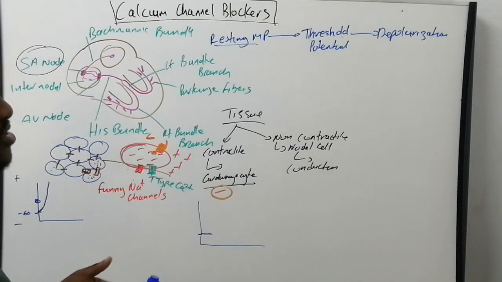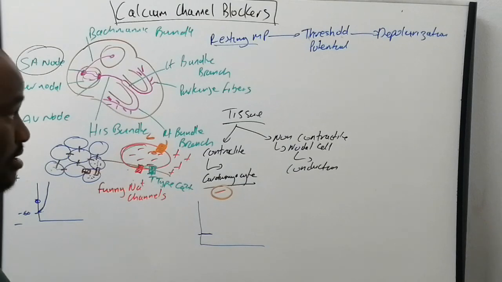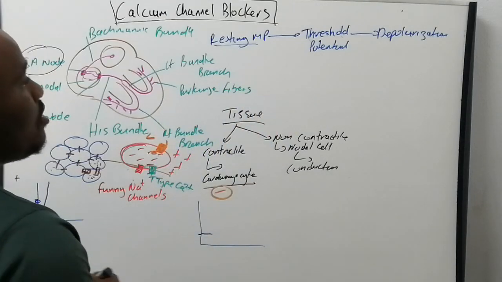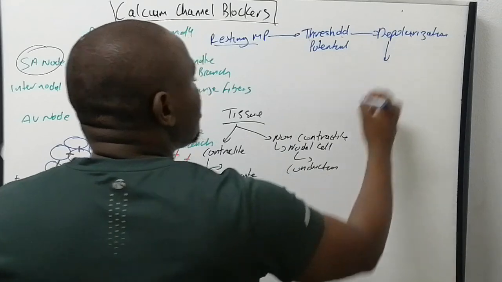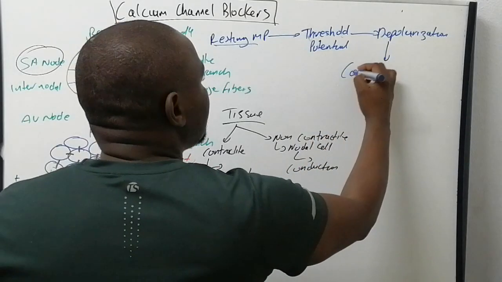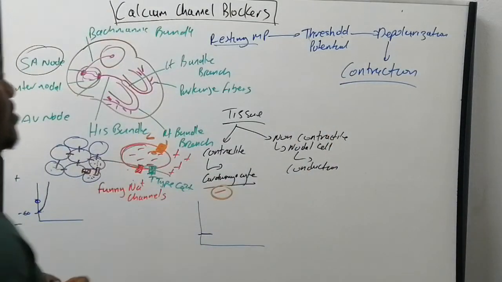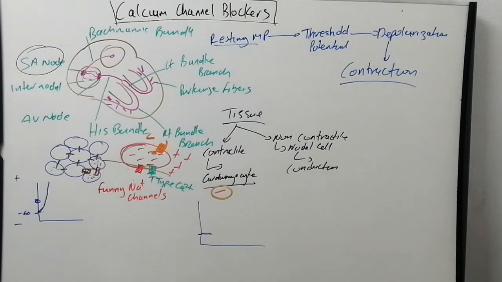But as long as you don't get to a threshold potential, a cell can still continue to rest and not depolarize. But once you reach a threshold potential, there's no going back. The cell is going to go on and depolarize. But we are not discussing this for fun. Once you get to depolarization, this is when you can actually trigger a contraction. Right? That's how you move.